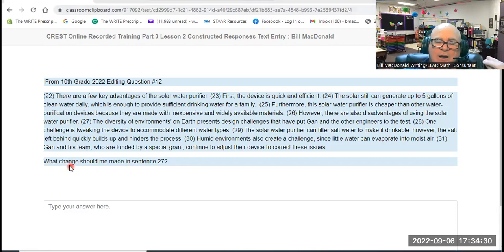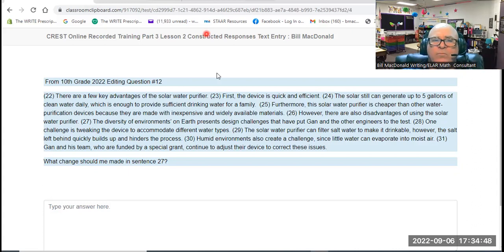And so change, and our new word error, usually means CUPS, which means it would be a mistake of capitalization, usage, punctuation, and spelling. And so what we're wanting to look at is sentence 27.